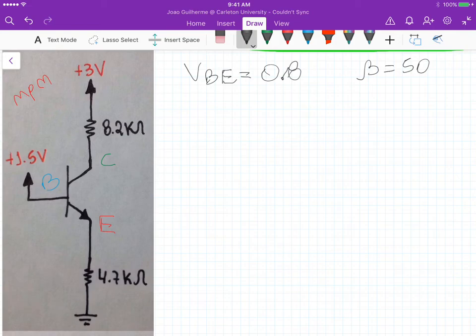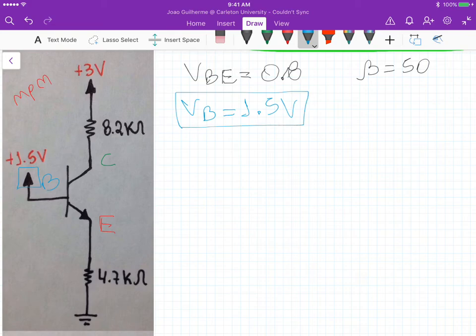Now if we look at the base here, we have this 1.5 volts that's been forced as the base voltage. So VB is equal to 1.5 volts. And we are not using any equations from the BJT analysis. It's just looking at the circuit and identifying that VB is 1.5 volts because there's a voltage source here that forces that to be true.